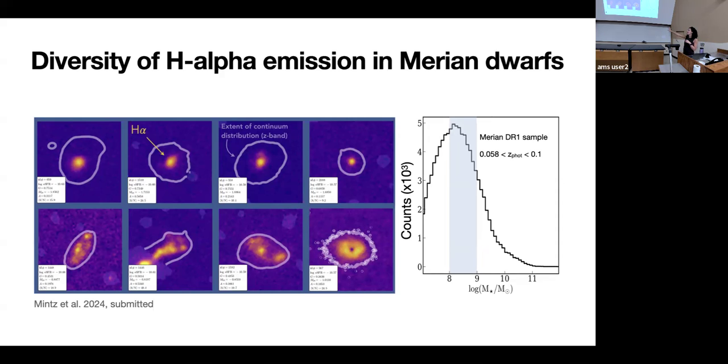So you can see here that some of these galaxies have really compact star formation. Some of them have really diffuse star formation with little knots. And it'll be really interesting to see whether this diversity relates at all to the presence of a black hole in any of these galaxies.